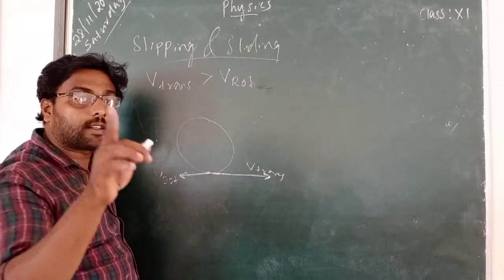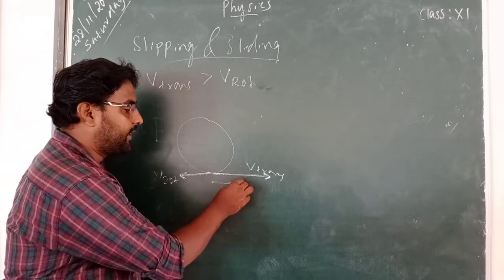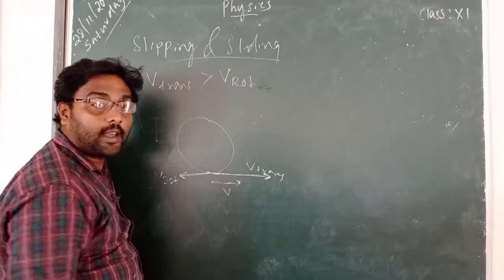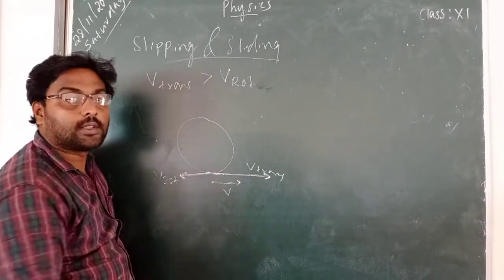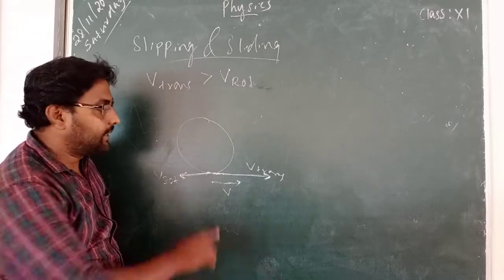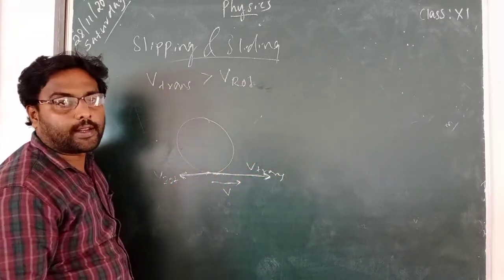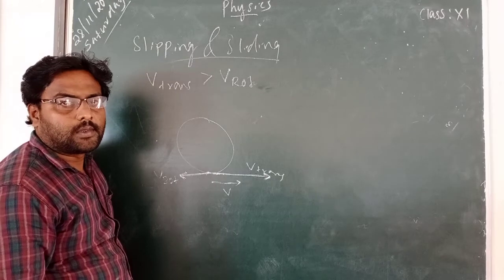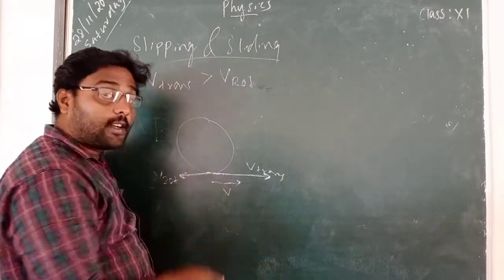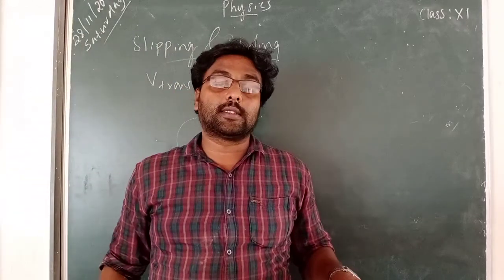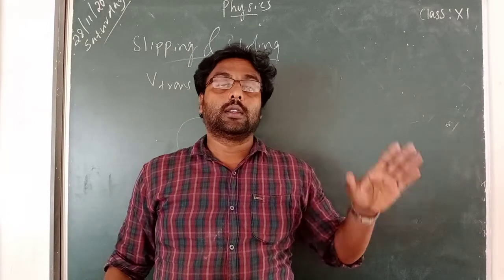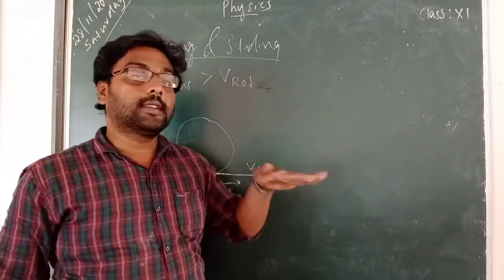So there is a resultant velocity in the forward direction. That is why this sliding is happening.